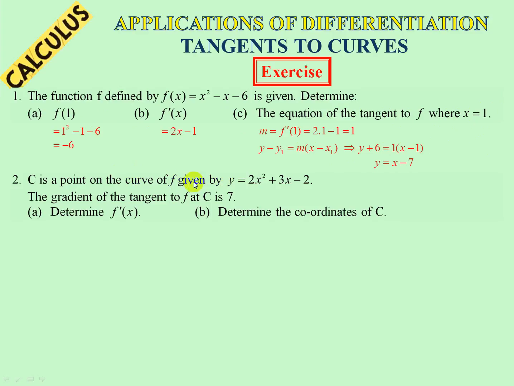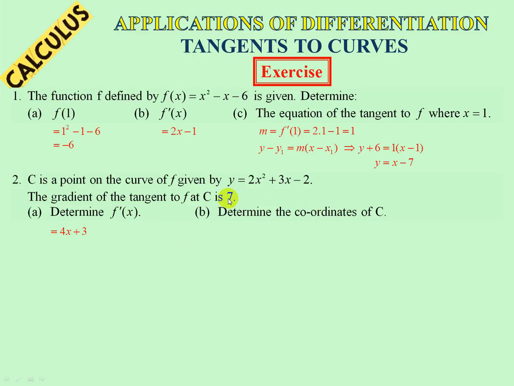Number 2, see there's a point C on the curve there. The gradient of the tangent to f at C is 7. Determine f prime x. Straightforward, differentiate. There we are, the derivative. Determine the coordinates of C. Well, they've told you the derivative equals 7.